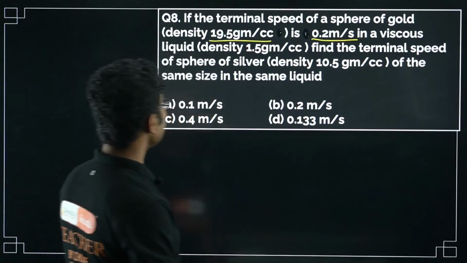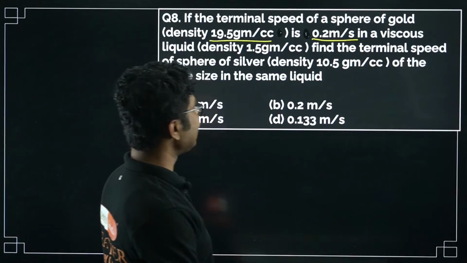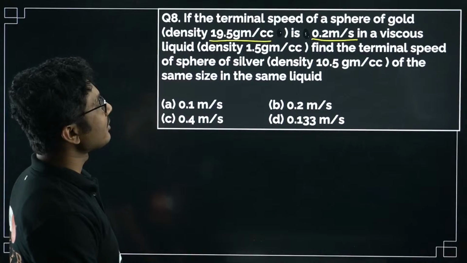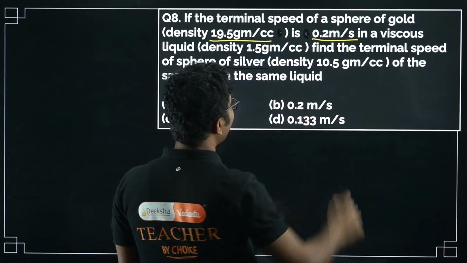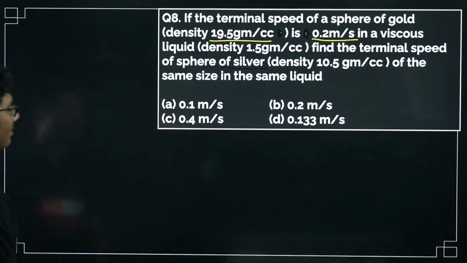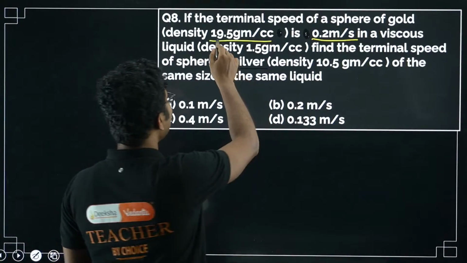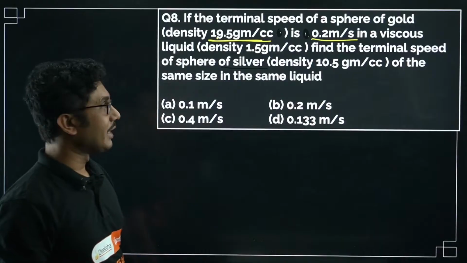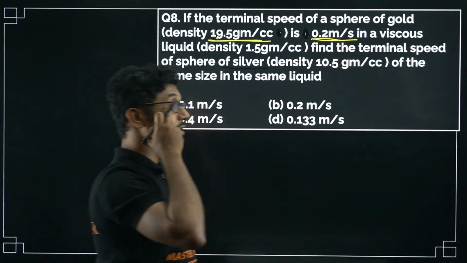In a viscous liquid of density 1.5 gram per cc, find the terminal velocity of a sphere of silver of density 10.5 gram per cc. You have done the experiment with gold and found the terminal velocity is this.